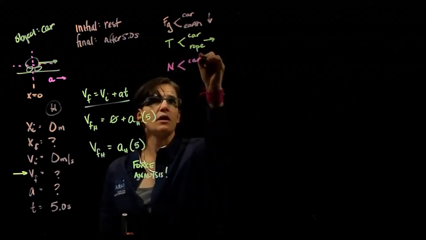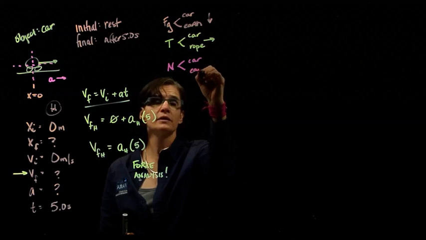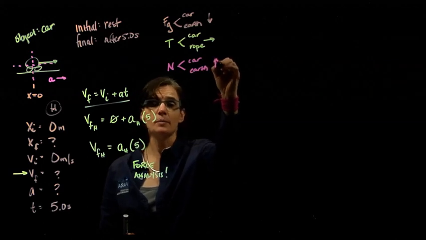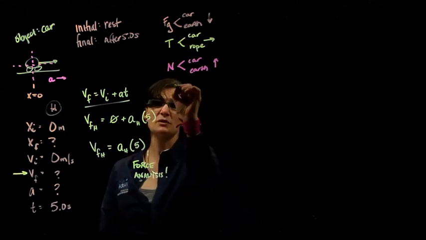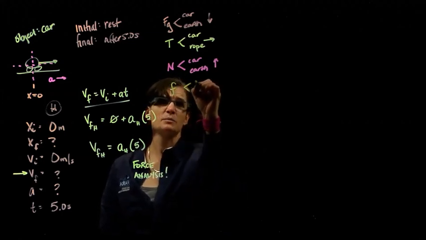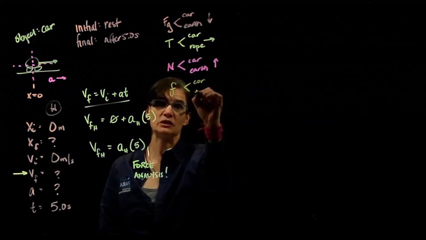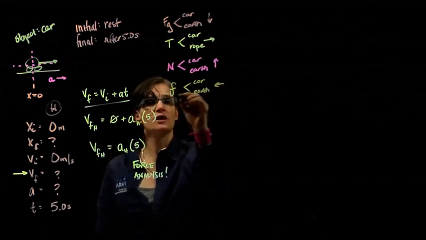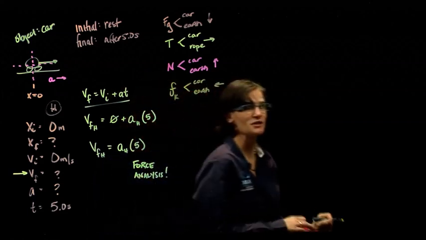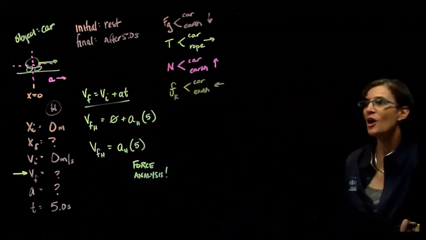That's between the car and the earth, and it's pointing up. And last but not least, I'm told there's a frictional force. And that's between the car and the ground, and it's opposing the motion. The car is moving, so it's kinetic friction.